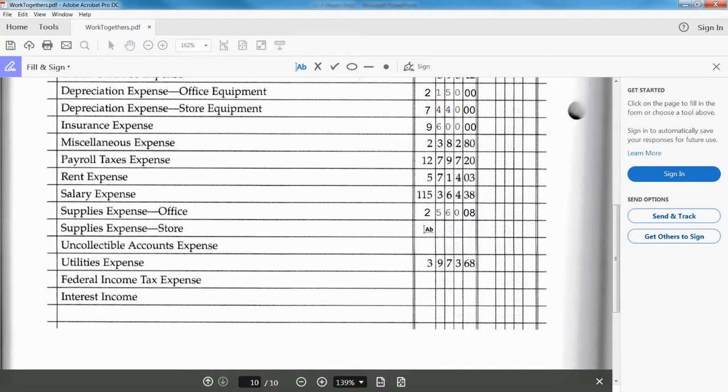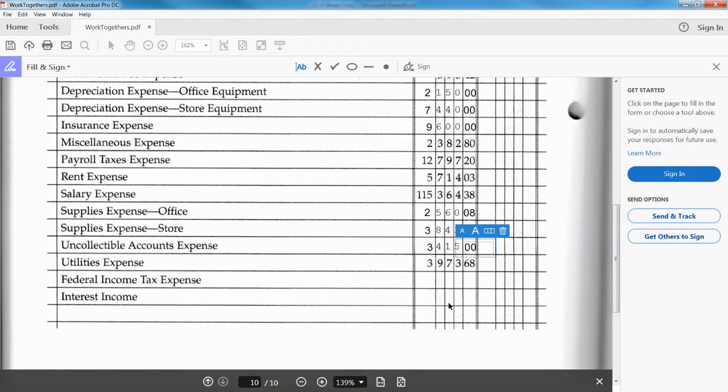Supplies expense store is $3,843.62. And allowance for uncollectible accounts expense is $3,415.00.